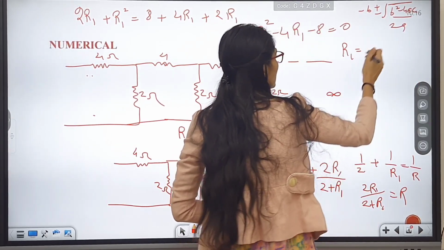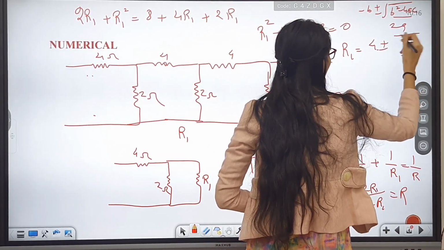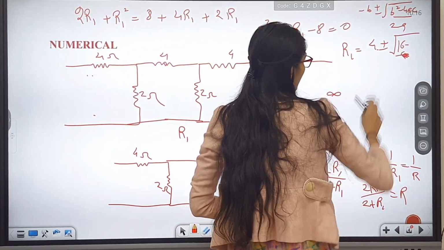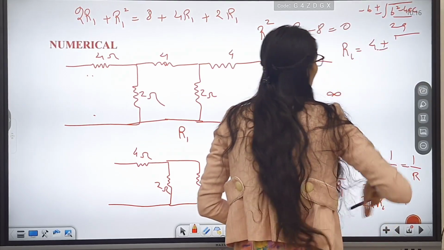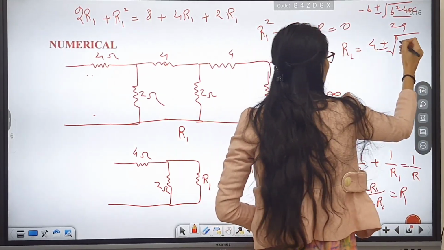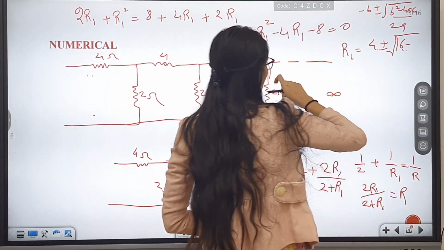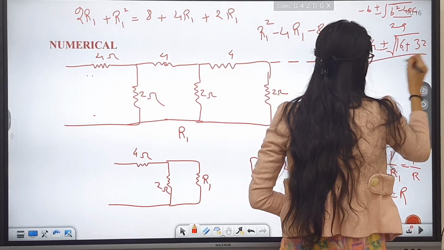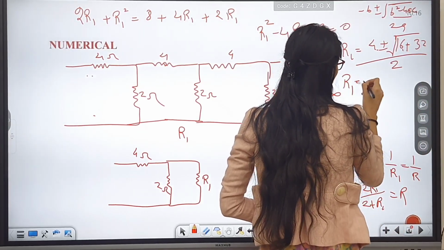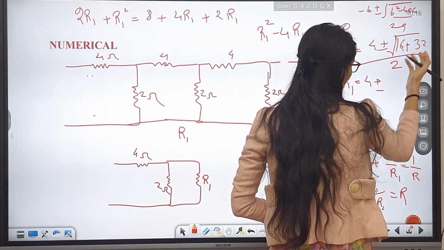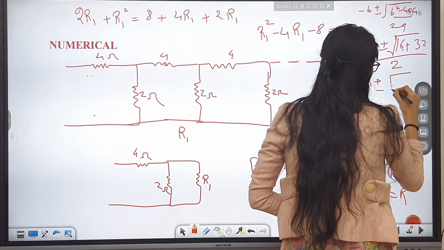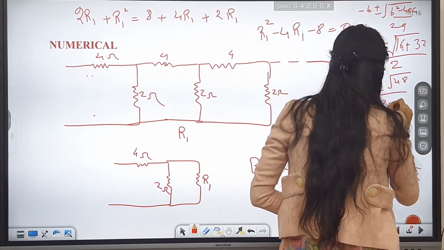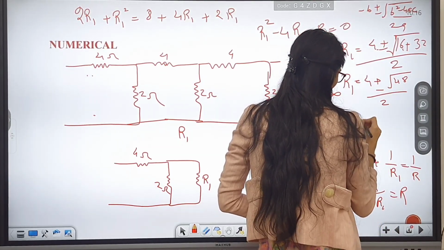So we are using the same formula: 4 plus minus square root of 4 square, 16, minus 4ac, minus and minus plus, 8 fours are 32, upon 2a, 2. So you will be left with R1 is equal to 4 plus minus square root of 48, and you will be left with 4.